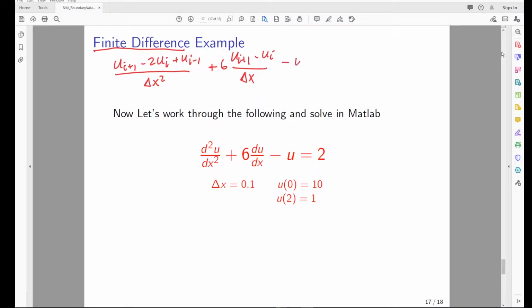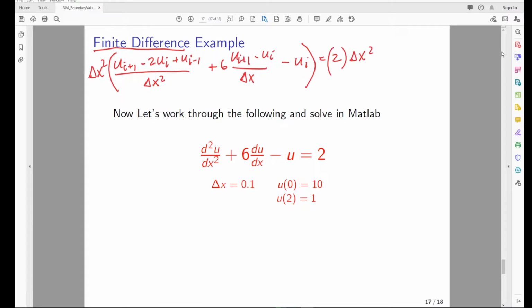Anyway, and the last term is going to be nothing more than ui, and that's going to be equal to 2. And then we need to multiply all these equations by delta x squared so we can put it in a format that makes sense. Okay, and so we're going to multiply the left-hand side all by delta x squared and the right-hand side by delta x squared.